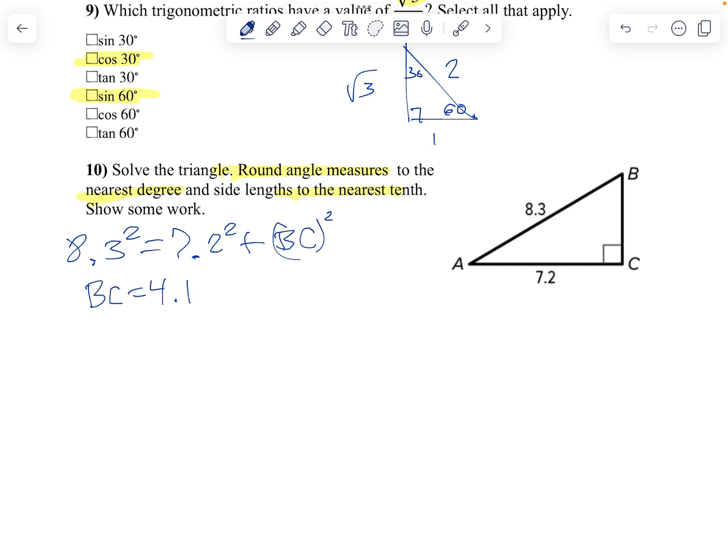I don't want 4, I don't want 4.13, I want 4.1 for BC.